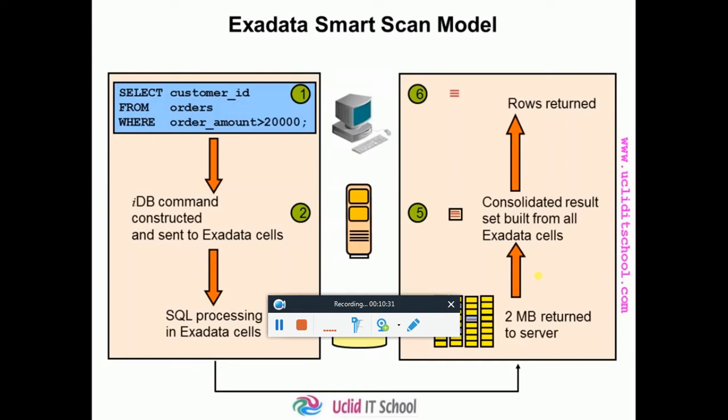See, you are reading a big 10 GB table, but ultimately you need 2 MB of data, a fraction of that table. In that case, you see dramatic performance improvements. Traditionally, the entire 10 GB will be returned to database servers. But on Exadata, 2 MB will be returned. Only the matching data will be returned to the database servers.